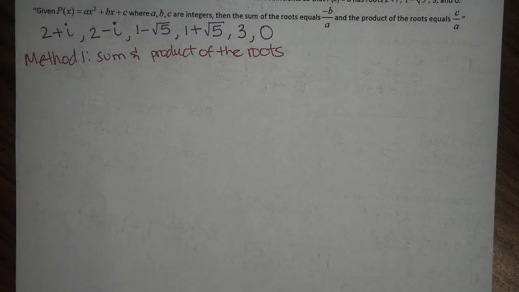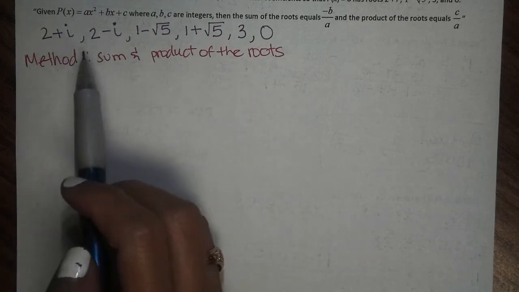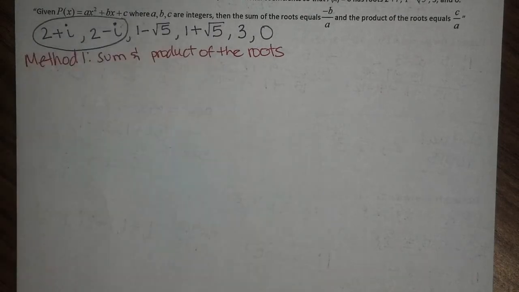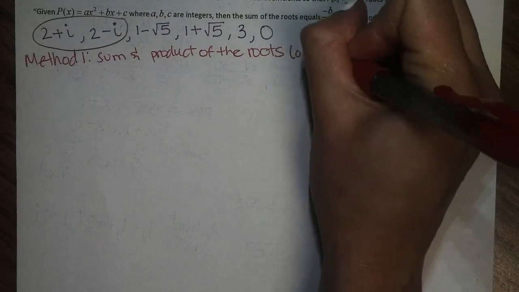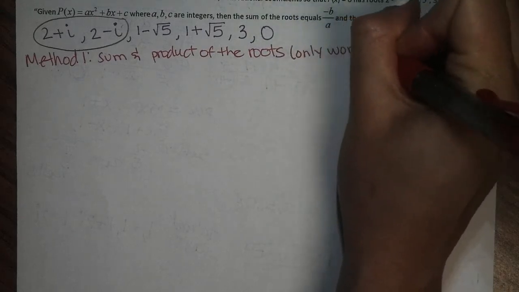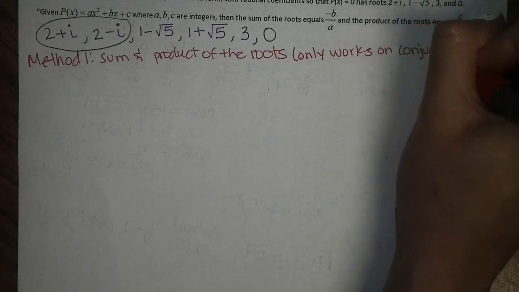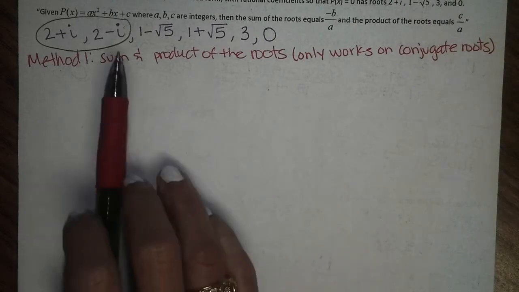All right, so the way this works is it only works for those conjugate roots. So I'm going to take these 2 roots only. Okay, so here's what we're going to do.